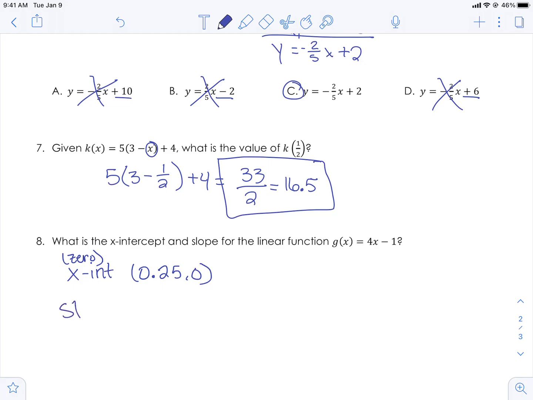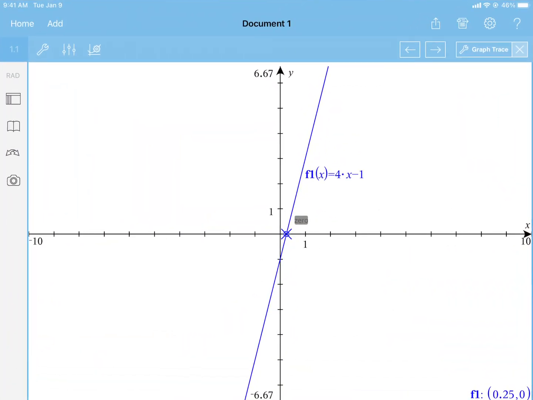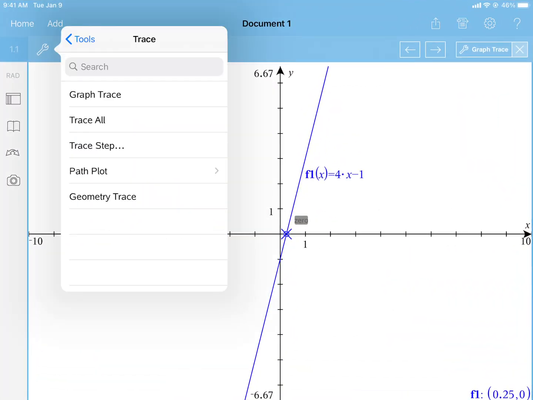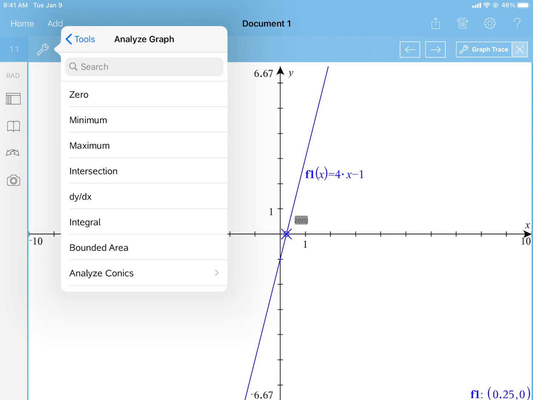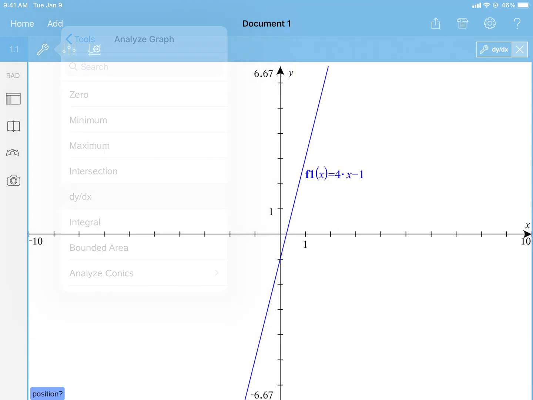And then the slope. The calculator does tell you this if we happen to forget how to identify the slope when it's in slope-intercept form. So if we go back again, we want to go to Analyze Graph. So Menu, Analyze Graph, and you want dy dx. That is the same thing as slope.